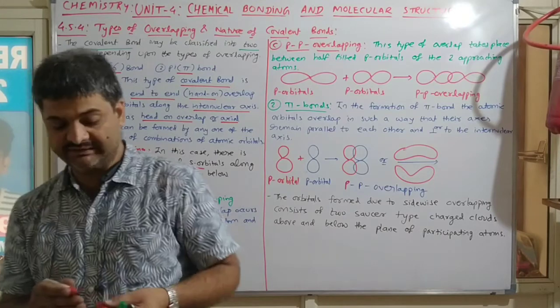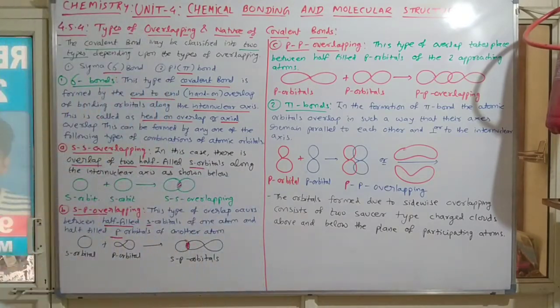Now next one, here p orbital is there. Here orbital overlapping will take place between ss and then after sp.